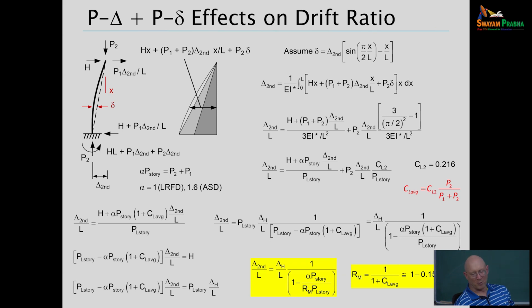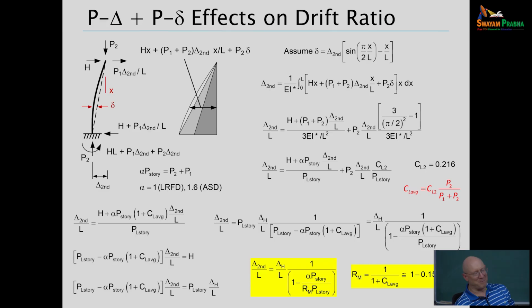Total vertical load supported by moment frame columns, that's PMF. And so if everything in the story is a moment frame column, PMF is equal to P story, and you get 1 minus 0.15, R sub M is 0.85, which is a rough approximation of the worst you get.